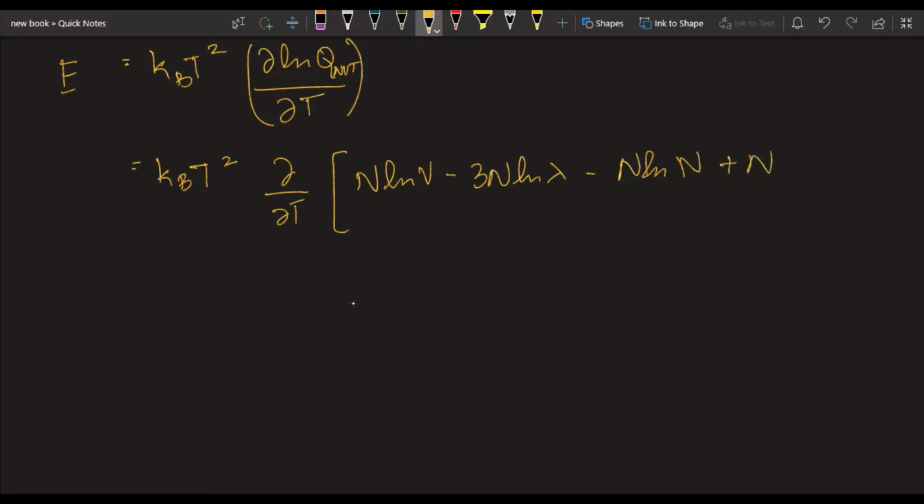Right, so if we were to do the derivative with respect to temperature, this term would go to 0, this term would go to 0, and this term would go to 0. All that we would have is this term. So let's do that.